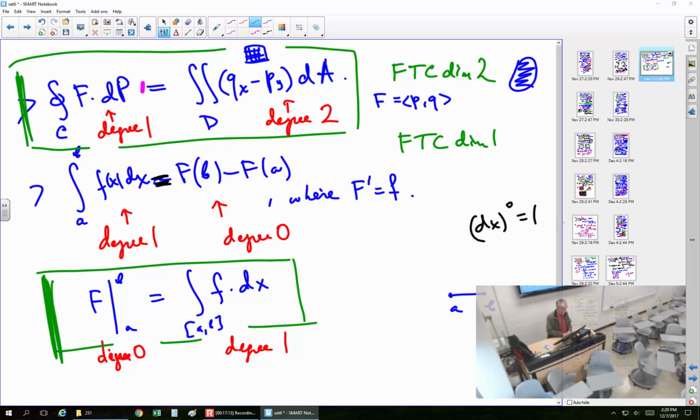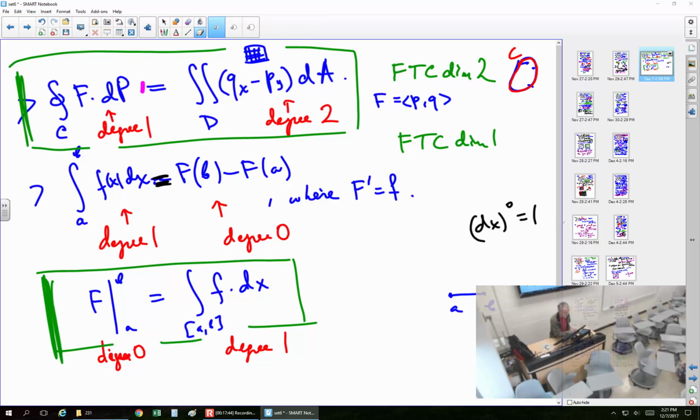Number one is this: let's look at the relations between the domains of integration in both these formulas. The domain of integration in the fundamental theorem at the top is C, the boundary of the region D, which is inside.